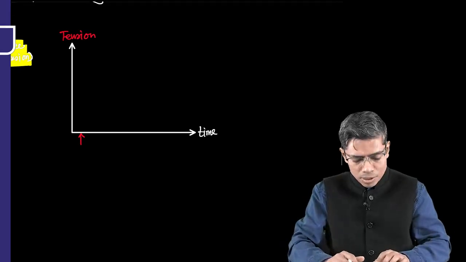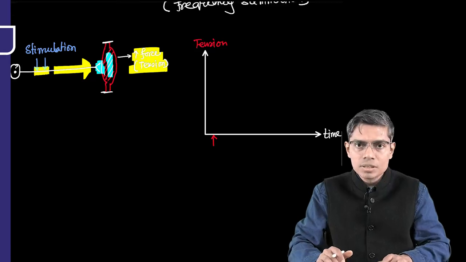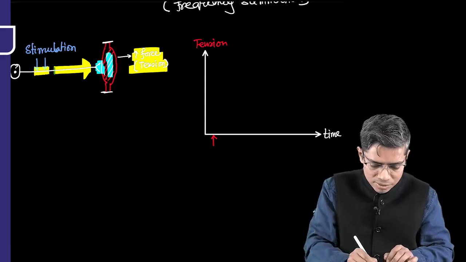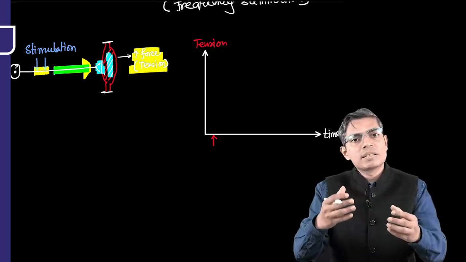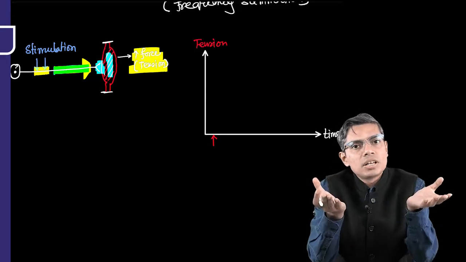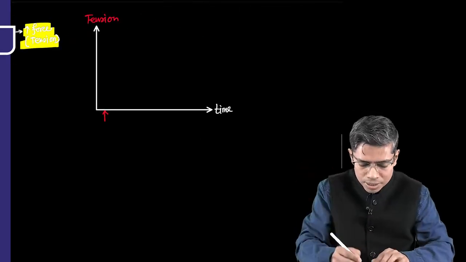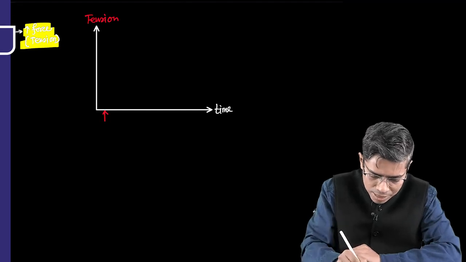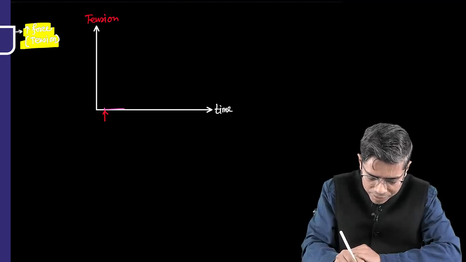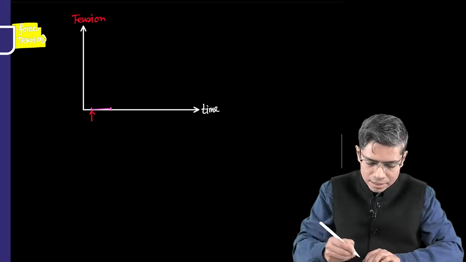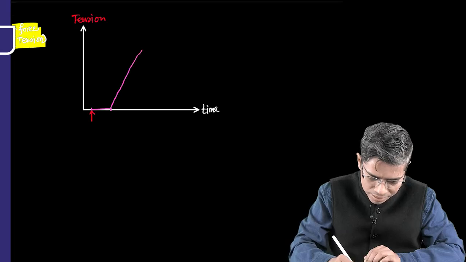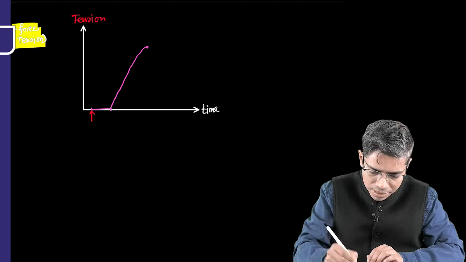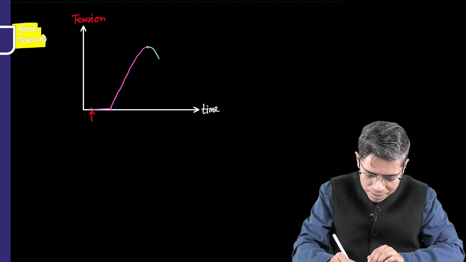The answer is no. Because the action potential will first travel down, then cross the neuromuscular junction, then the molecular mechanism will happen inside the muscle, and then the muscle will contract. That means after this stimulation there will be a time gap, and then the muscle will start contraction. Whenever it is contracting, it is increasing the force generation, and then the muscle will relax.